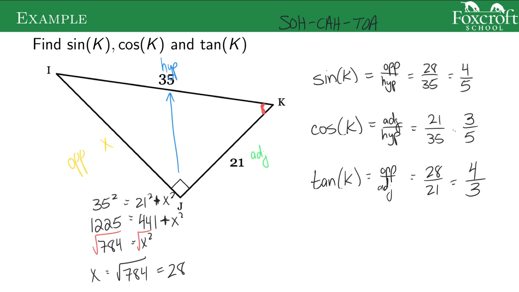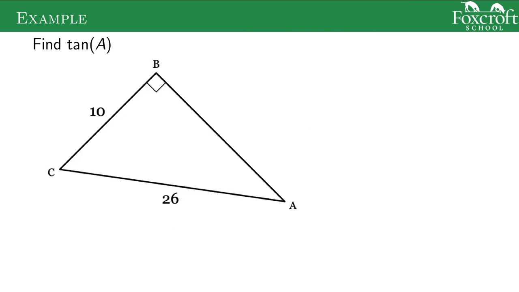All right, so this is how you figure out sine, cosine, and tangent. Almost all these problems, you're going to do the Pythagorean theorem first to figure out that missing side you don't know. Then you just do the appropriate ratio for each individual trig function, making sure you just have Soh-Cah-Toa memorized. All right, so for this one, I'm going to find tangent of A. So again, I'm always going to start off with identifying the angle I care about, because that changes stuff.